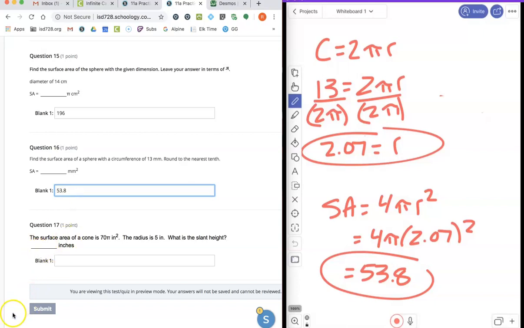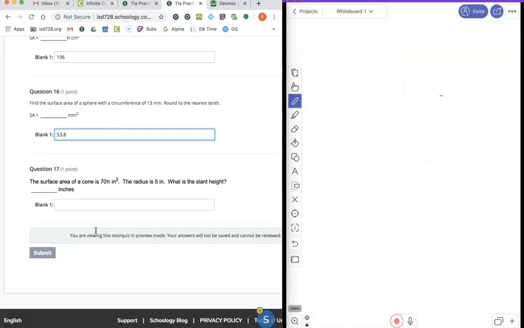And we're on to the last question. So these last questions are going backwards. If you know the surface area of something, so this time it's a cone, finding something else out, like the slant height. So we're going to go backwards. Remember our formula. We have surface area of this cone is equal to pi RL plus pi r squared.